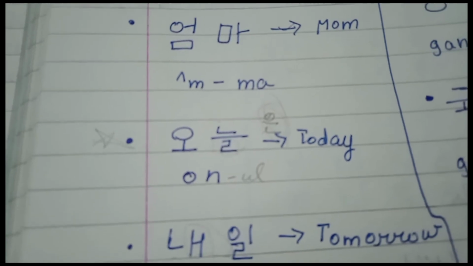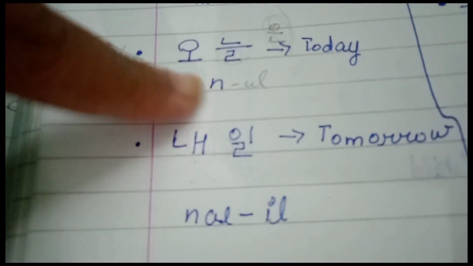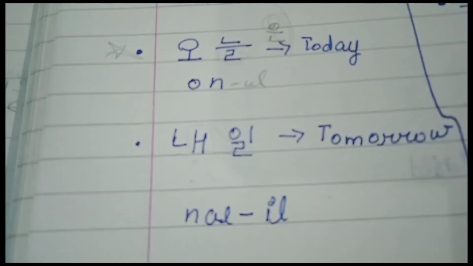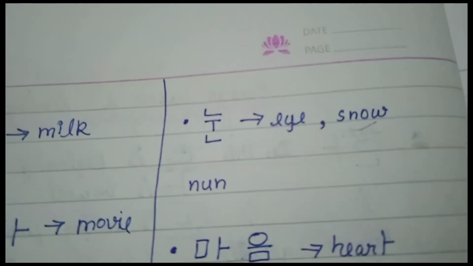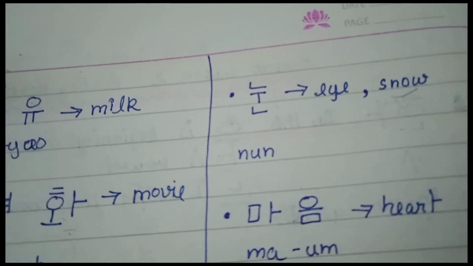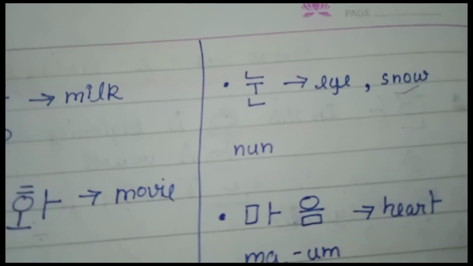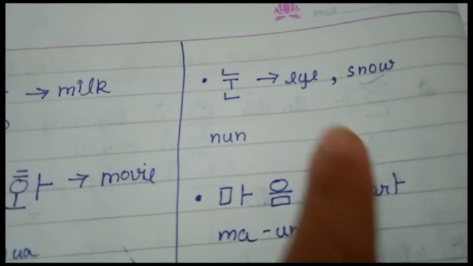O null. Next is ne il. Nail. Okay, this is noon, that can mean eye or snow. And the next one is easy. Try to read it. I'm giving you time.